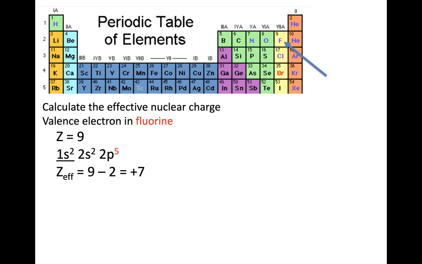For its valence electron, 1s2, 2s2, 2p5, 2 electrons are in a smaller principal quantum number. So the effective nuclear charge would be 9 minus 2, which is +7 for fluorine. How about for chlorine? See if you can calculate the effective nuclear charge for chlorine for me, for the valence electron.